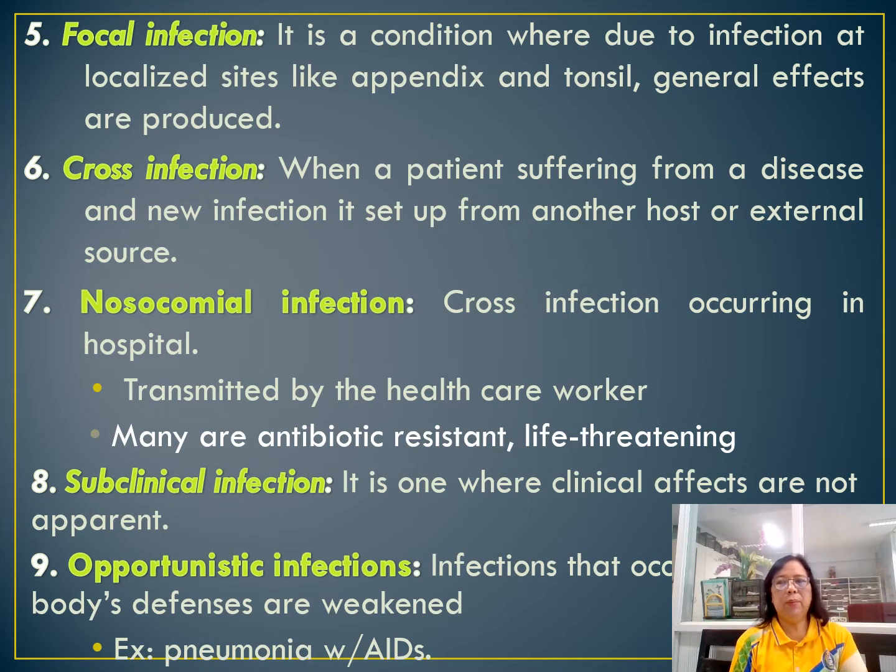Not only in the ward, but also likewise in laboratory rooms that are not properly attended to. But the DOH, or the Department of Health, is very strict with the possible occurrence of nosocomial infection.